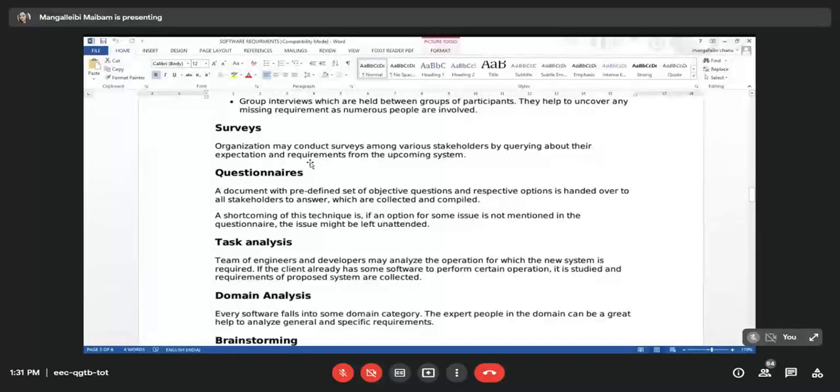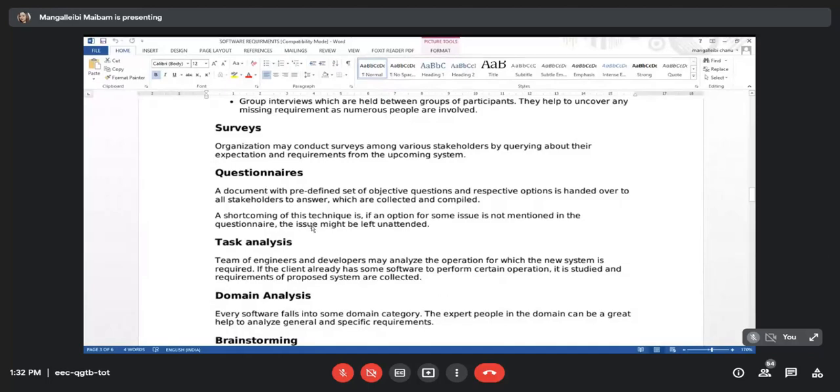That means we are going to collect the information based on our historical requirements, based on our observed data which we already have. From that, we are going to collect some necessary information. That is known as surveys.